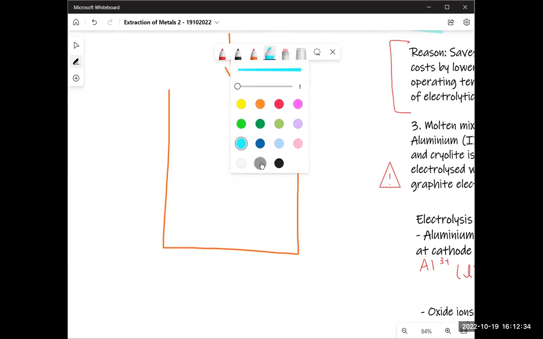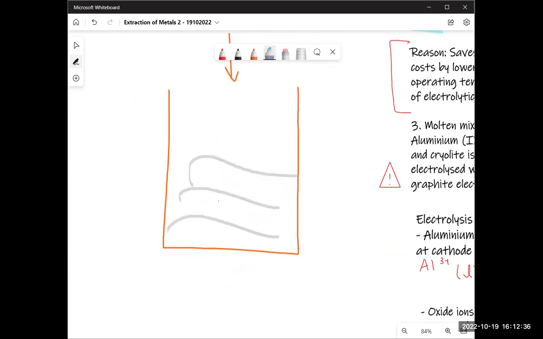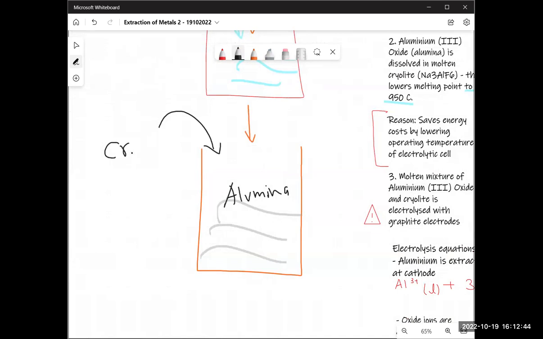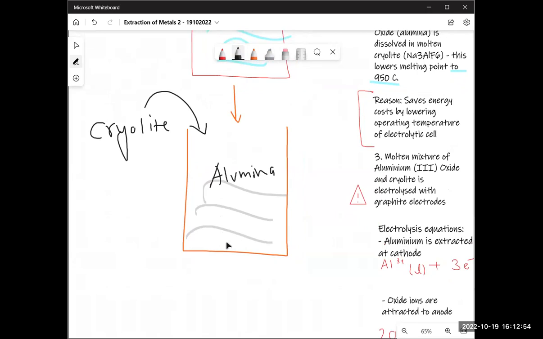This gray thing is alumina. Now, what do I do after this with the alumina? I'll add another thing, which is called cryolite. All right, this is cryolite, and I add this.